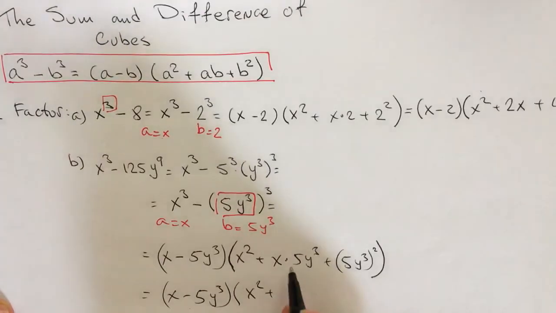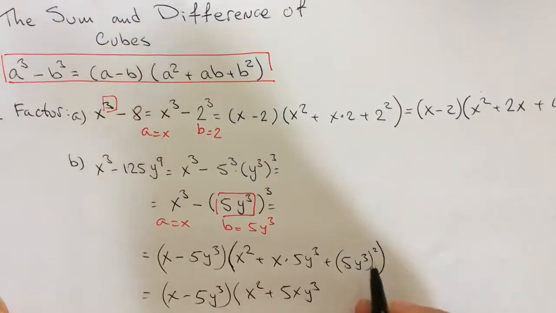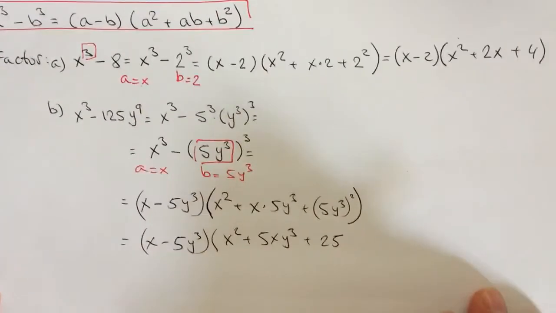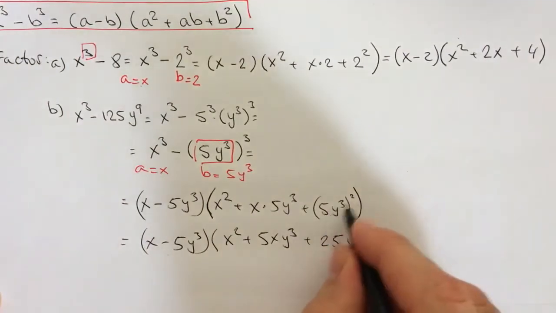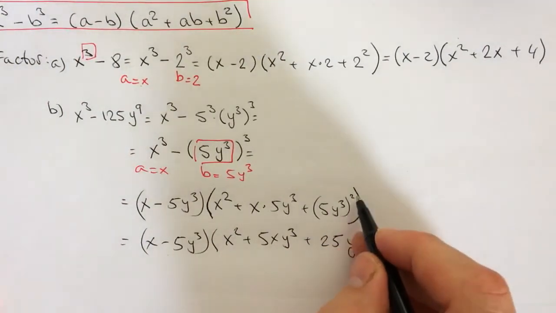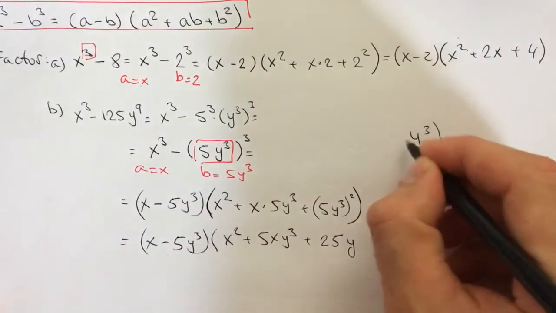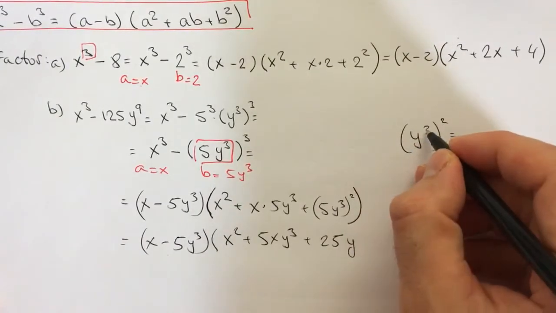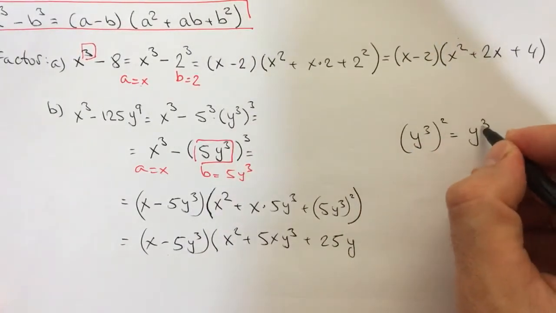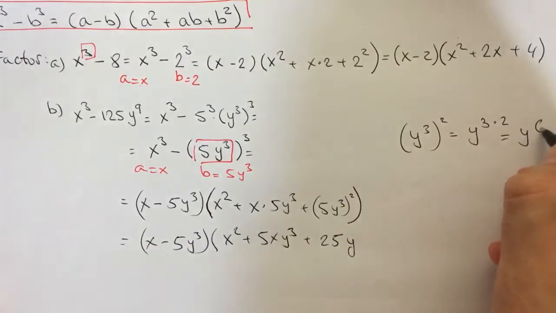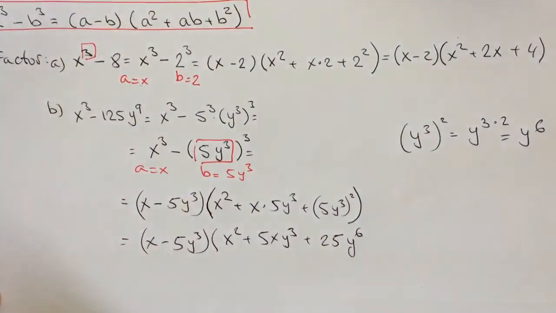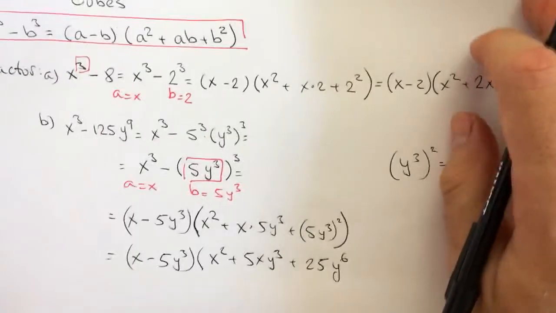How are we going to do that? We always take the constant in front of the variable, so that's 5xy cubed, and here raise the whole thing to power 2, that's 25 y cubed squared. How much is it? 5 squared is 25, and y cubed squared, on the side I'm going to write it here. When an exponent is raised to another exponent, we just multiply the exponents, so that's y to the power of 6. y to the power of 6, okay?